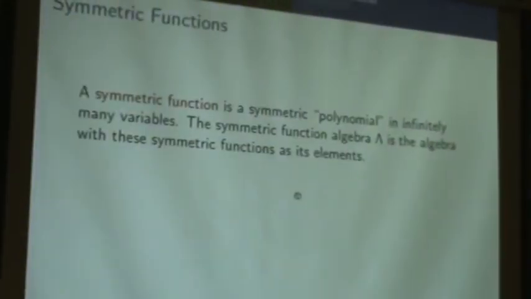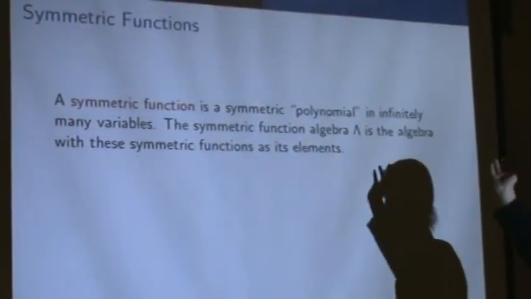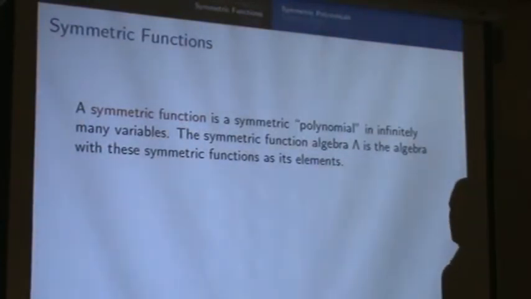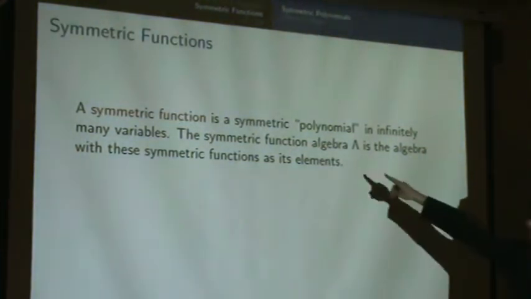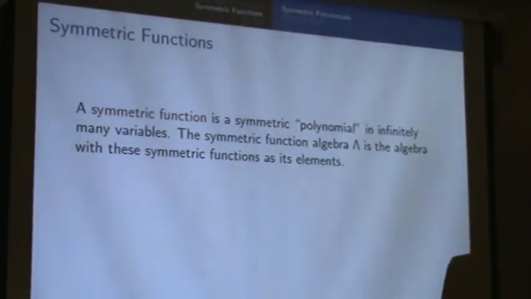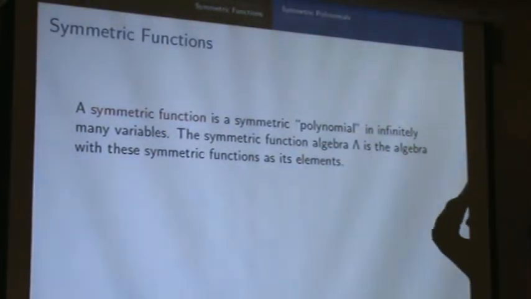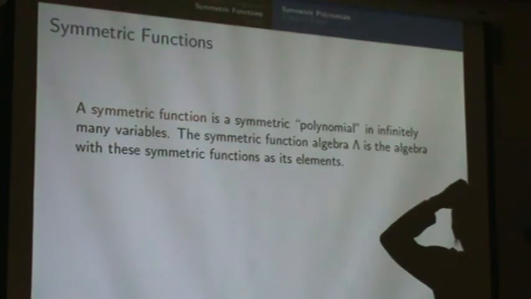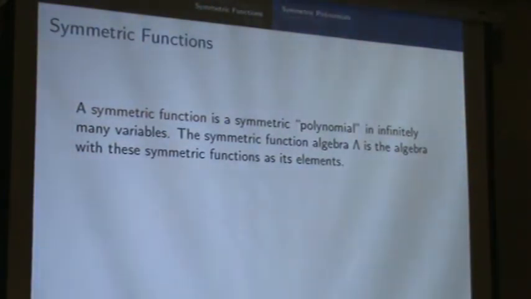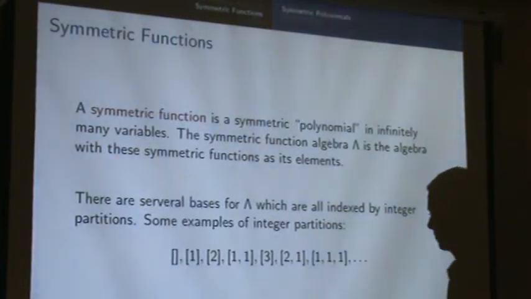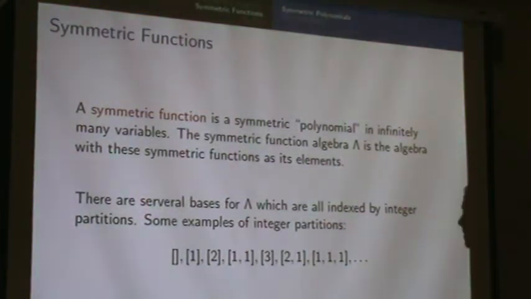A symmetric function is a quote-unquote polynomial in infinitely many variables. So you have a polynomial ring with infinitely many variables. The symmetric function algebra, which is typically denoted by uppercase lambda, is the algebra with these symmetric functions as its elements. If we want to do computations in an algebra, you typically want to have a basis.